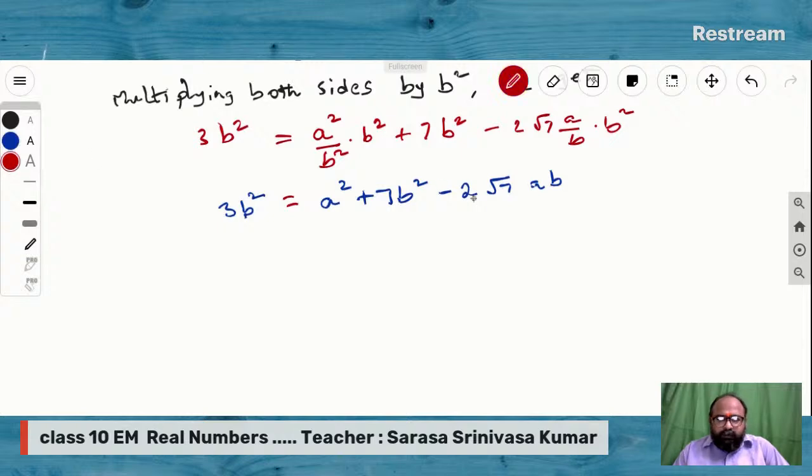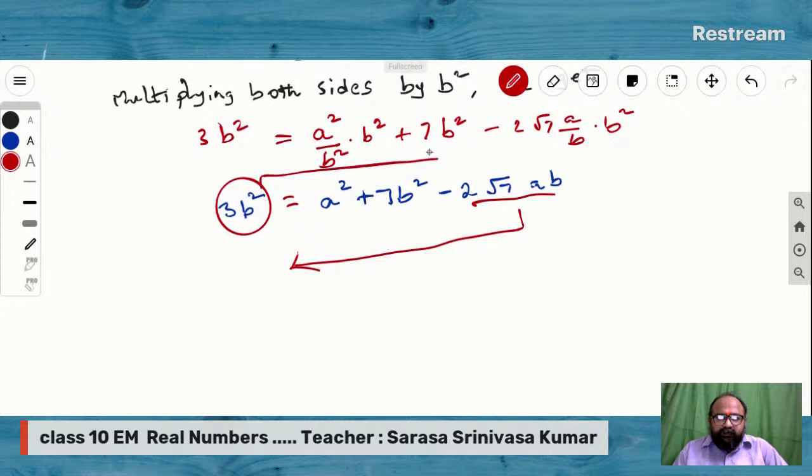Now I would like to bring this term to the left hand side and 3b square to the right hand side, so that I get 2 square root of 7 ab equal to a square plus 7b square minus 3b square.